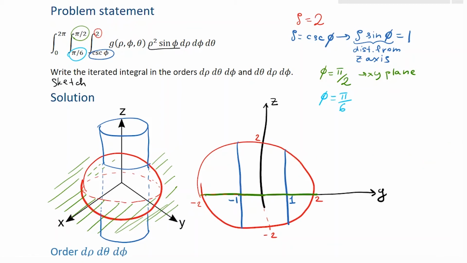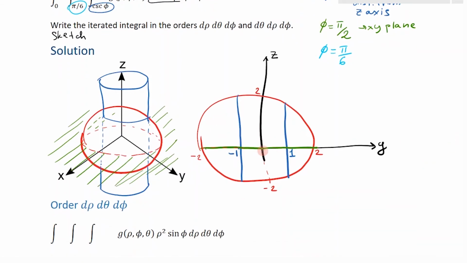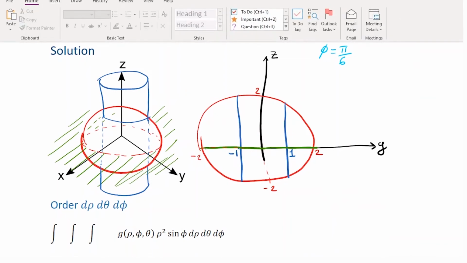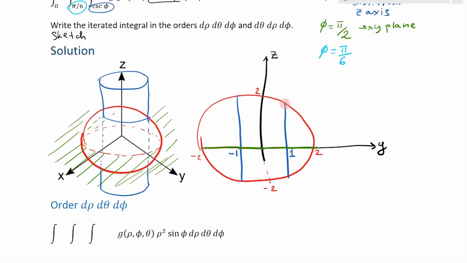For this, here's what I'm going to do. I'm going to try to understand what this angle is. I'm going to first solve for this angle. Now this angle is equal to inverse sine, and remember this was 1, so inverse sine of 1 over hypotenuse. Hypotenuse is 2, since we're talking about a sphere of radius 2.